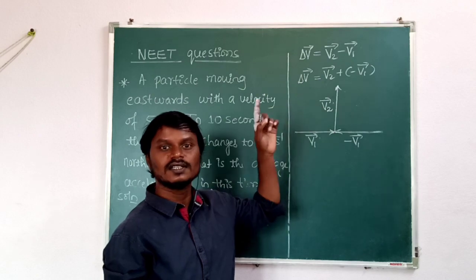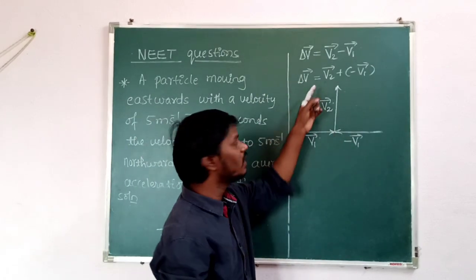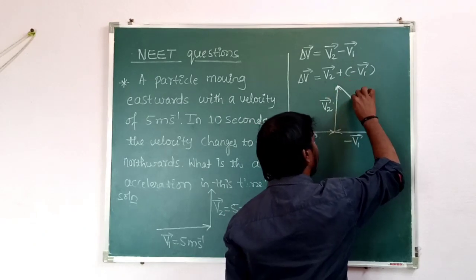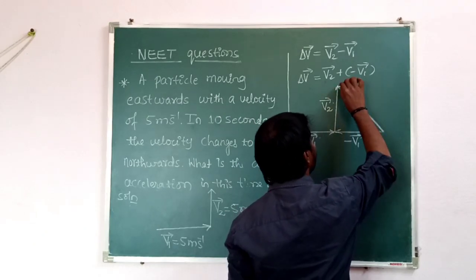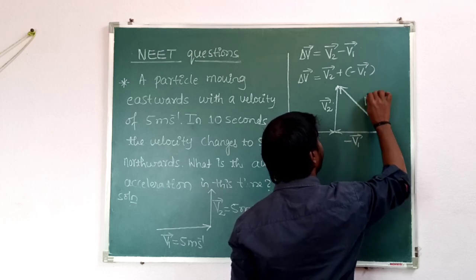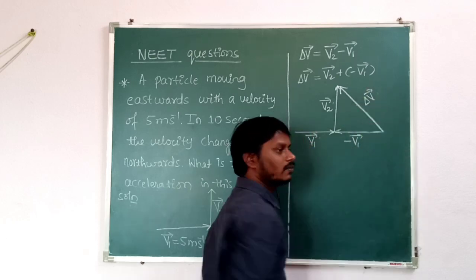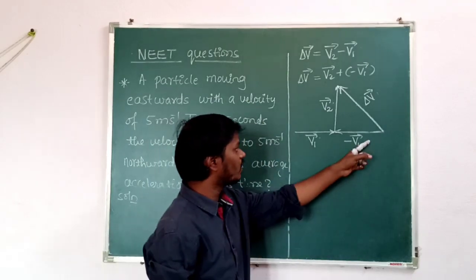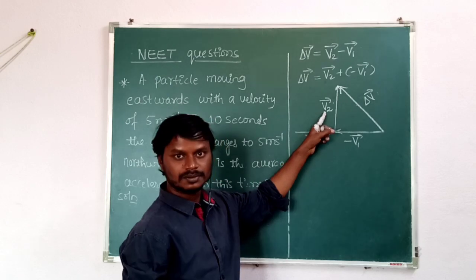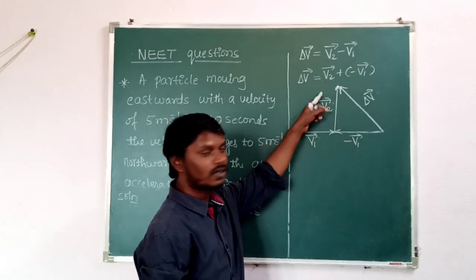Both are taken in the same order. Then delta V is taken in the opposite order. So it is delta V, which is taken in the opposite order. Vector minus V1 and plus V2, both are taken in the same order.